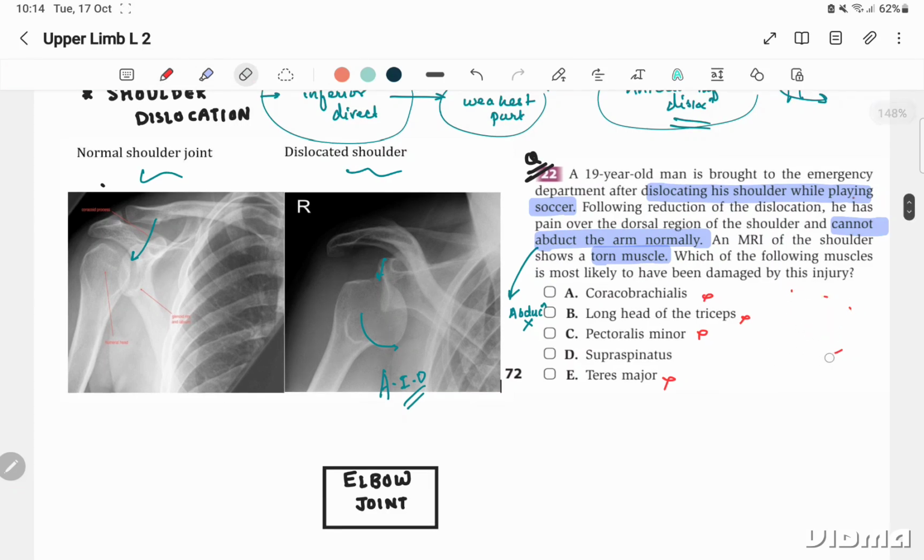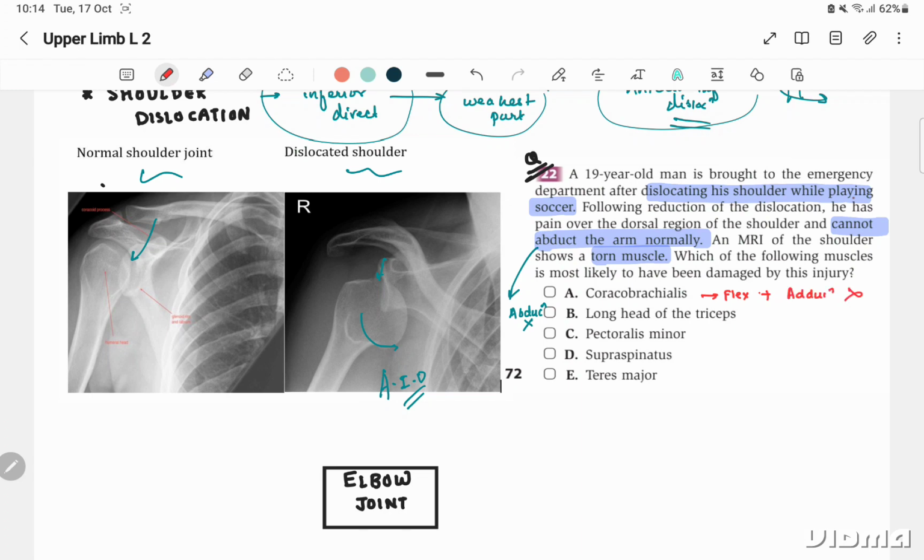If you don't know and assume that this is not a rotator cuff muscle, then we have to examine the actions of these muscles. Coracobrachialis extends from the coracoid process to the humerus. If it contracts, what will it do? It will flex the arm, and it will do adduction also.